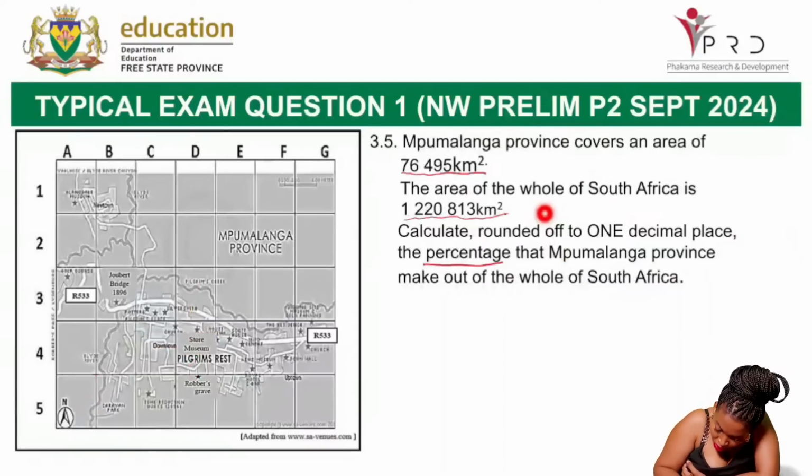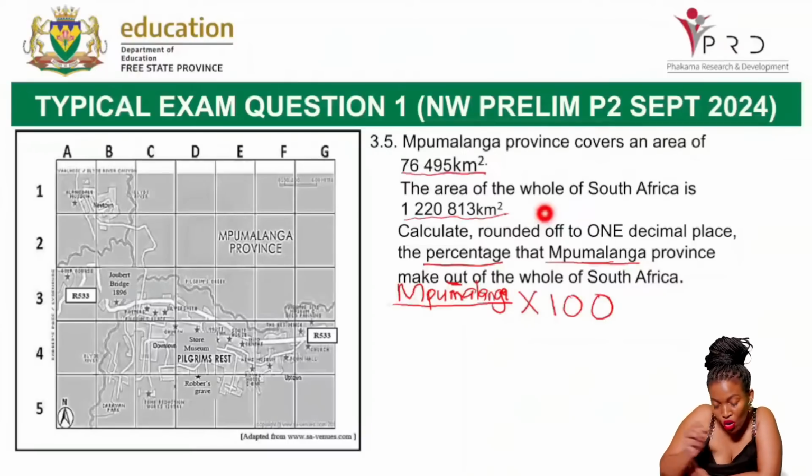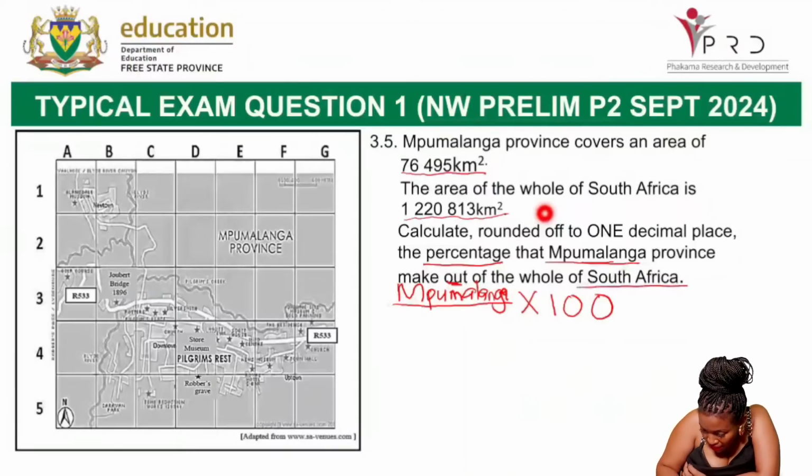The moment you see the word percentage, you know that you are going to have to multiply by 100. You want the percentage of Mpumalanga out of South Africa. The one that you started with, you will write on top, Mpumalanga, out of, like when you get 10 out of 10, we draw the line. Out of what? Out of South Africa.